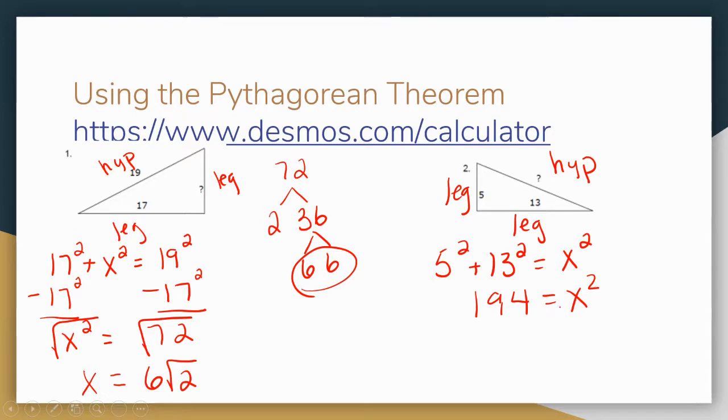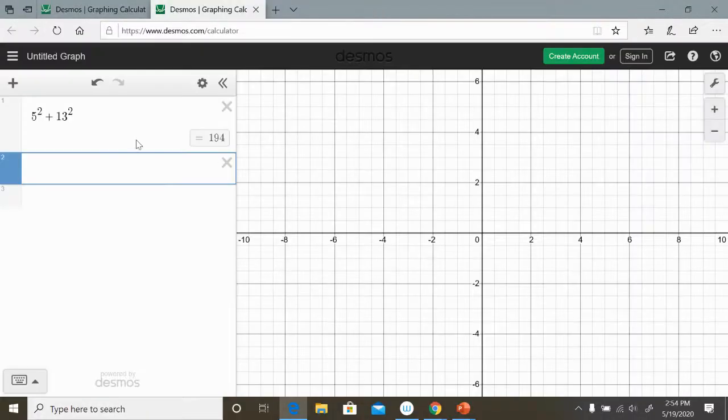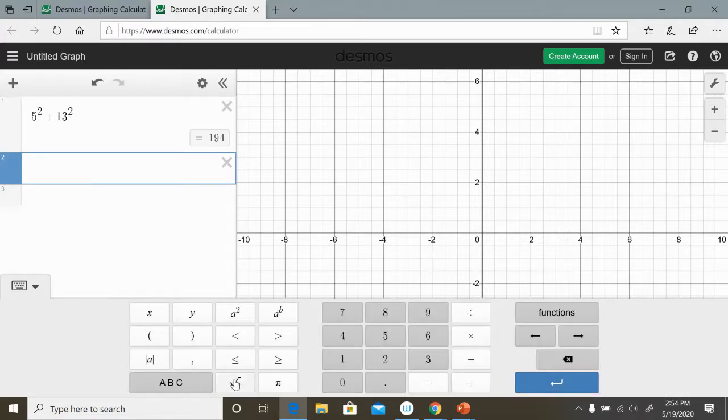And to get x by itself, I need to take the square root of both sides. So I'm going to go ahead and just pop this one into the calculator. So here's my square root symbol, and I can do 194. And I get 13.92.